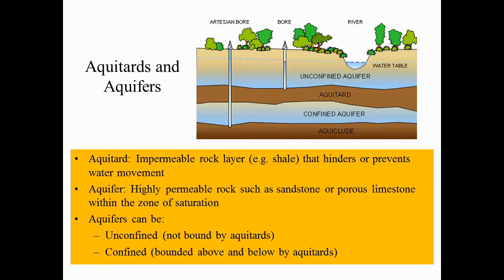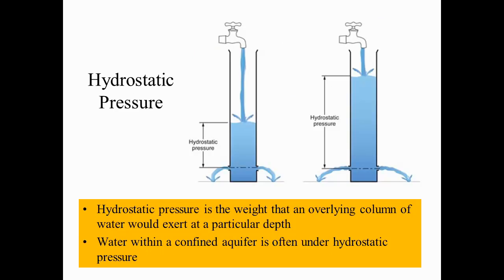On the other hand, the confined aquifer that occurs below is bounded both above and below by aquitards, and therefore it's constrained and is not defined by a water table. Now, hydrostatic pressure is defined as the weight that an overlying column of water would exert at a particular depth.